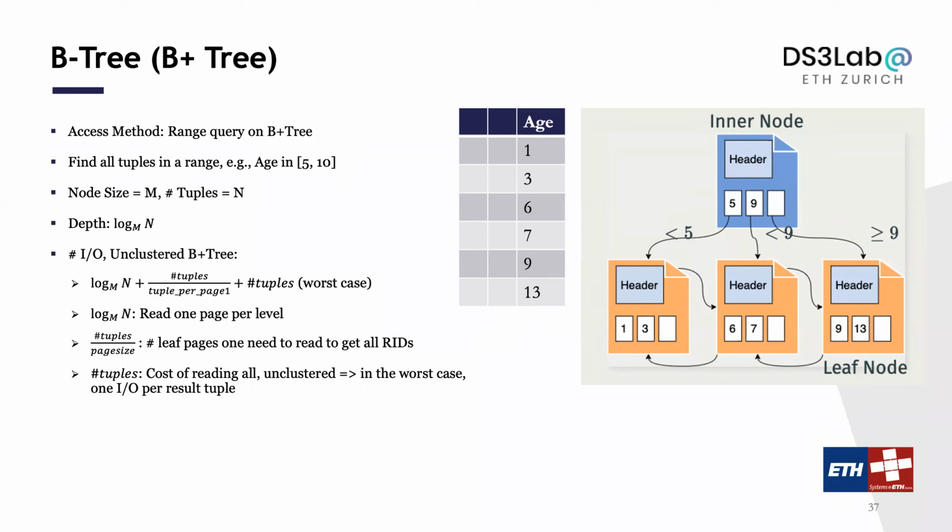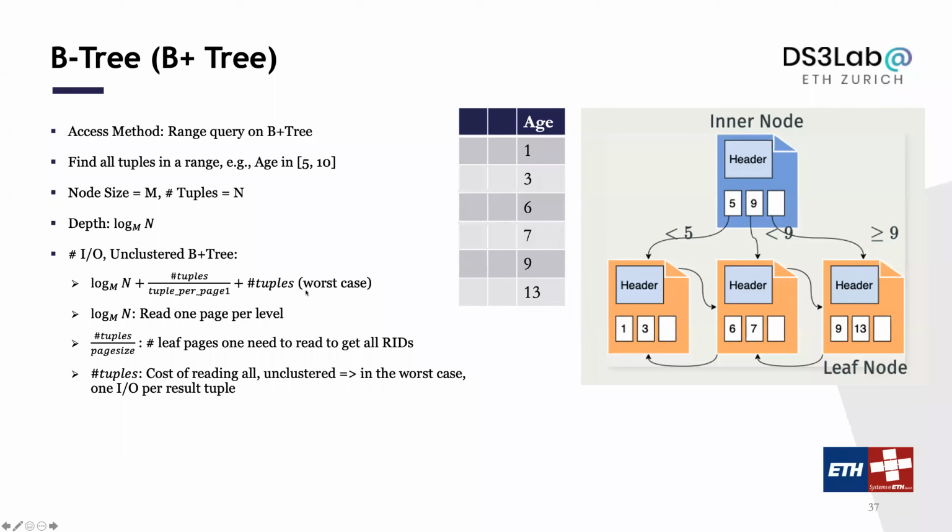Because it's unclustered, in the worst case I could have a whole bunch of random accesses. It is entirely possible that all the tuples I want are stored in different pages in my heap file. So in the worst case, for every single tuple I need to fetch one page in my heap file to get the actual tuple, so you pay the number of tuples in the result.